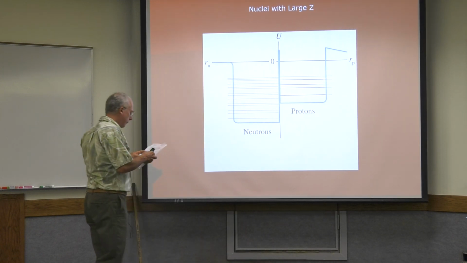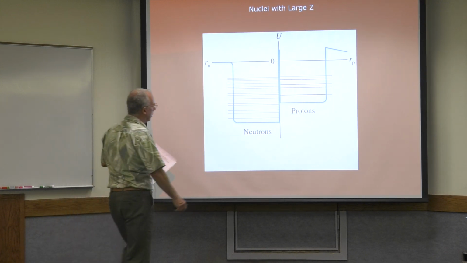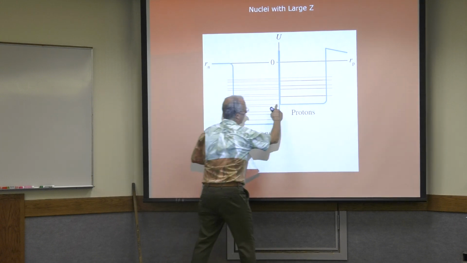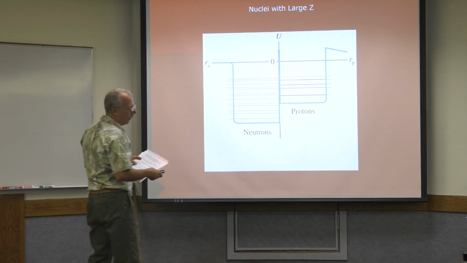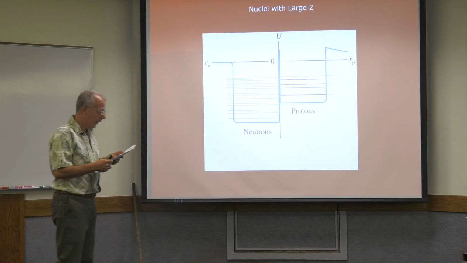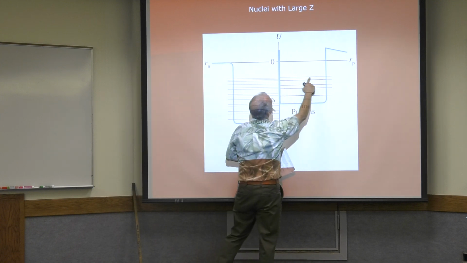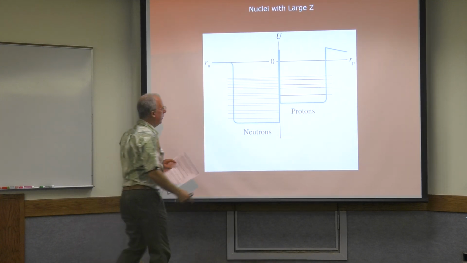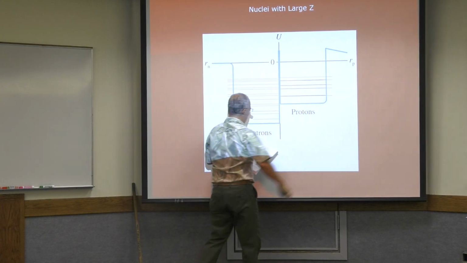What do we observe? This is much more negative than that, so the neutron well is much deeper than the proton well. But we also notice that these heights are pretty much the same. And there are many, many more neutron states than proton states.